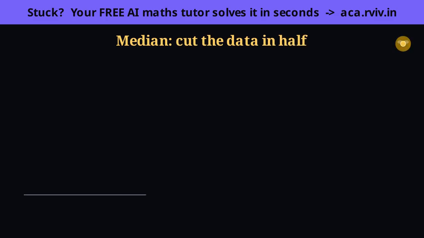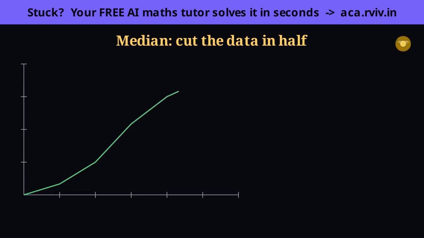This curve is the ogive. Each point on it says, by the time we reach this value on the x-axis, this many readings have piled up beneath us. That's why it only ever climbs, you can never uncount a value, and it flattens where data is sparse and steepens where data is dense, tracing this rising S-shape.